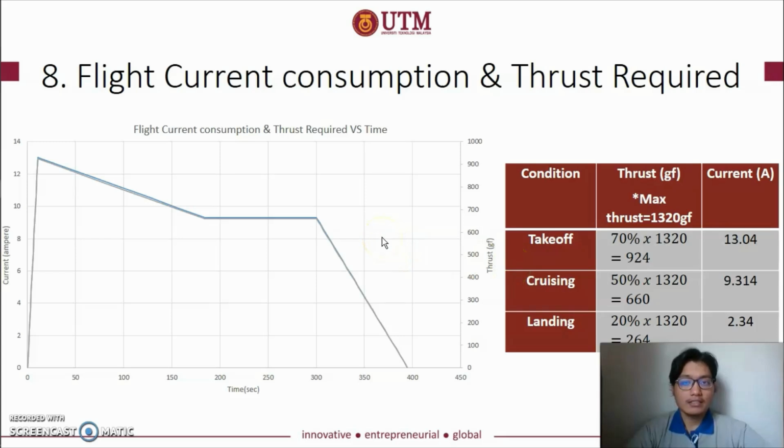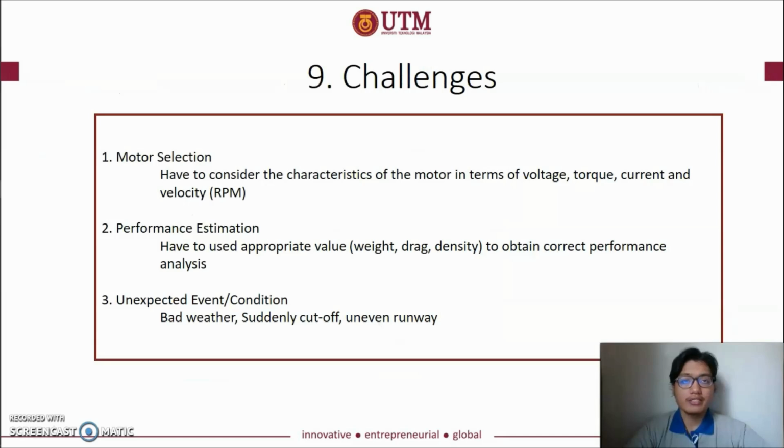So the next presentation is about the challenges that we faced during the design of our propulsion. The first one is motor selection. It becomes a challenge because we have to consider the characteristics of the motor in terms of voltage, torque, current, and velocity.